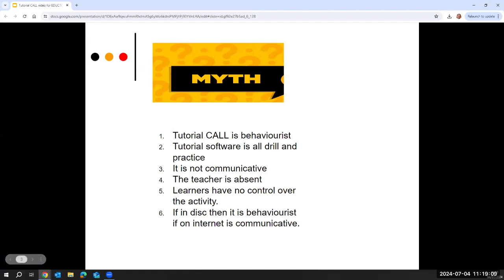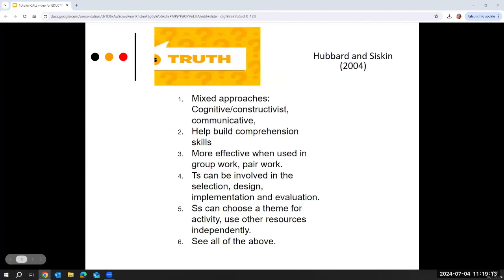Some research, a lot of research actually, since 1996, or even beyond that, shows that tutorial CALL promotes a mix of approaches. So these activities involve cognitive, communicative, and constructivist approaches.